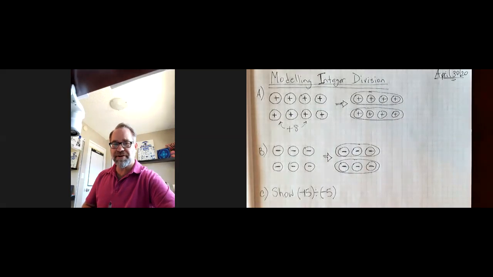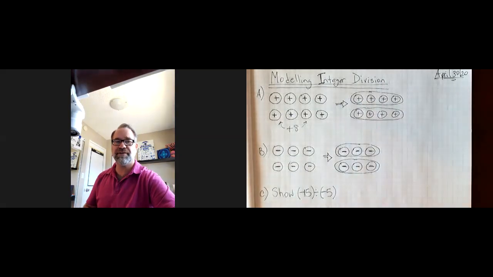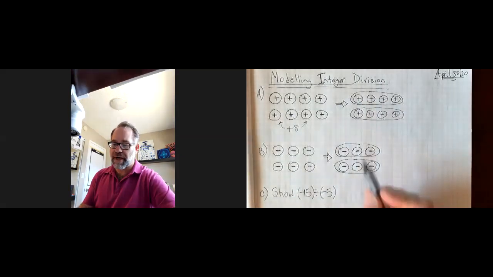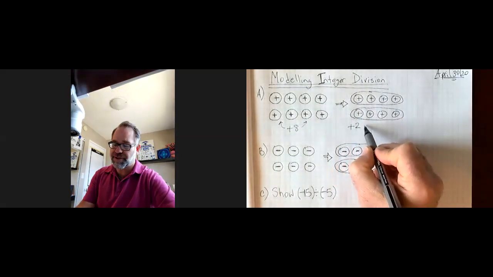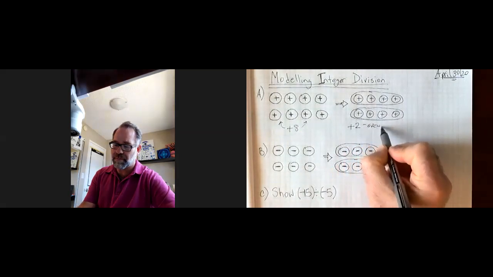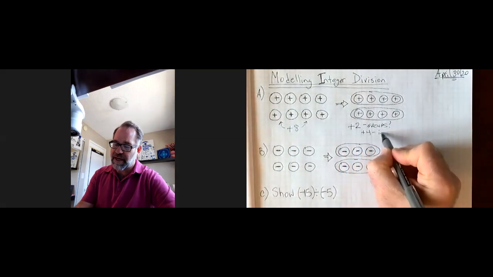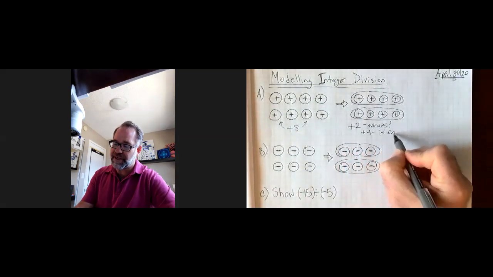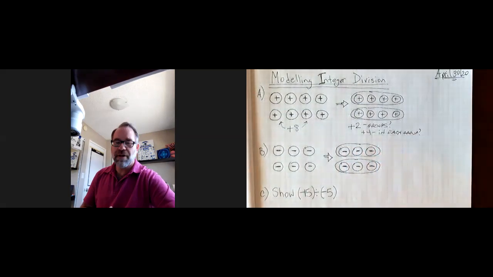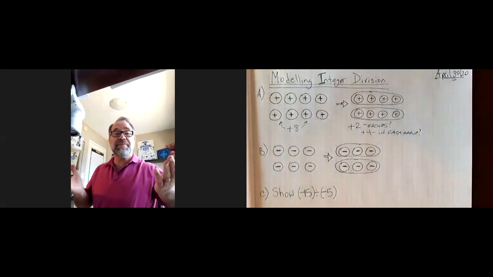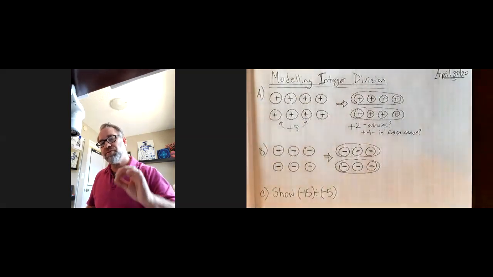But the other thing that's also true is that there are positive 4 in each group. So the big question then is, are we going to think of it in terms of groups, or are we going to think of it as what we see in each group? And the answer to that is it depends. It depends on the context, and it depends on what you are reading.